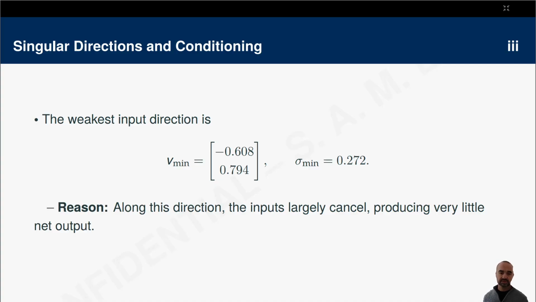Essentially we experience some sort of cancellation. Large individual inputs can still produce tiny outputs. Along this direction, the inputs largely cancel, producing very little net output.